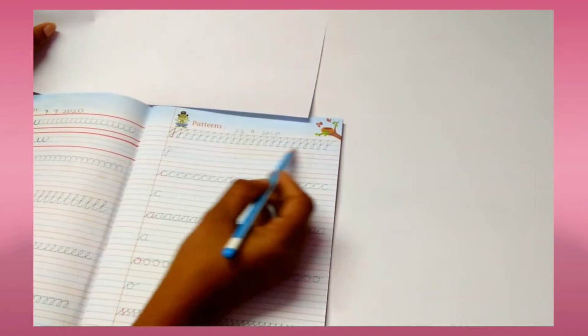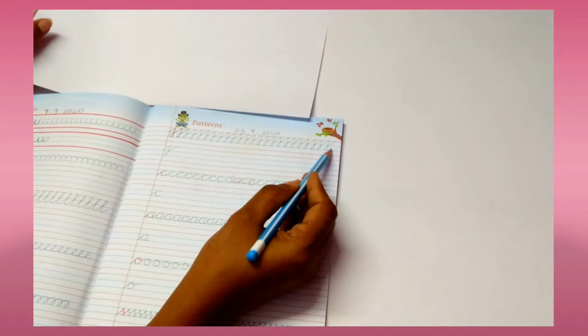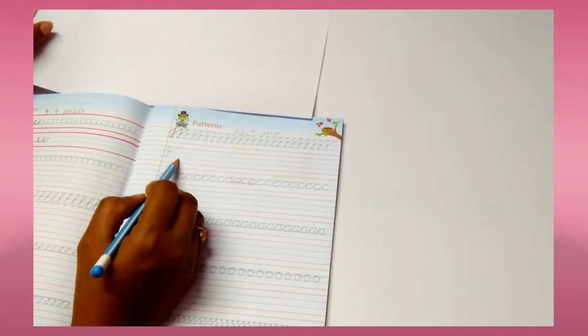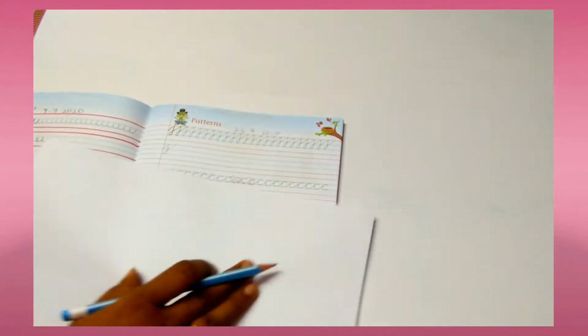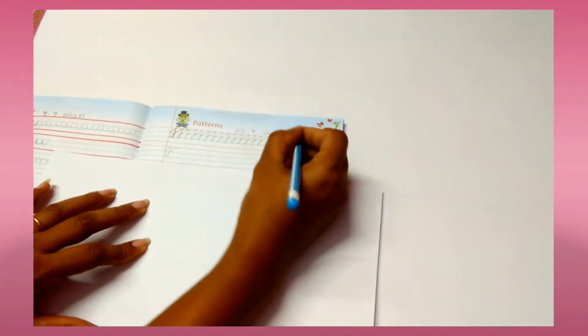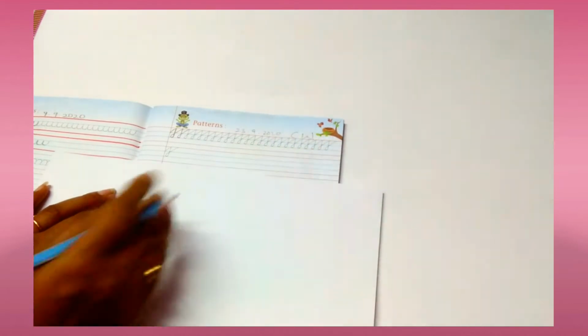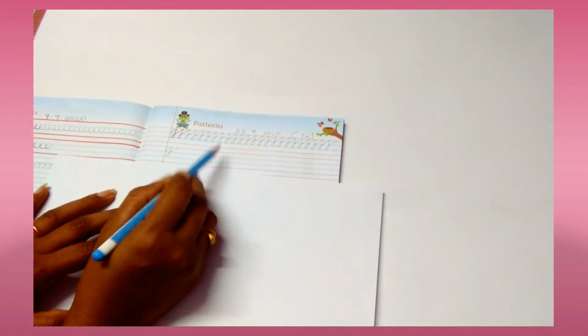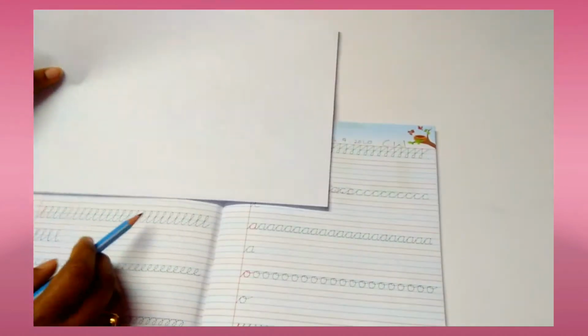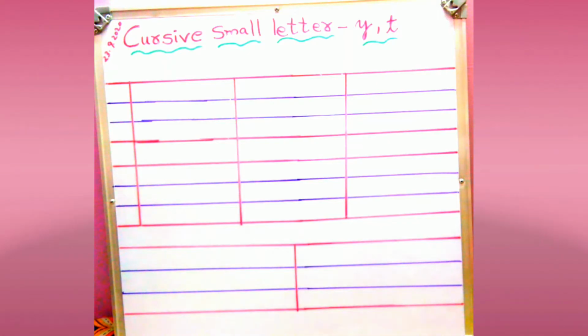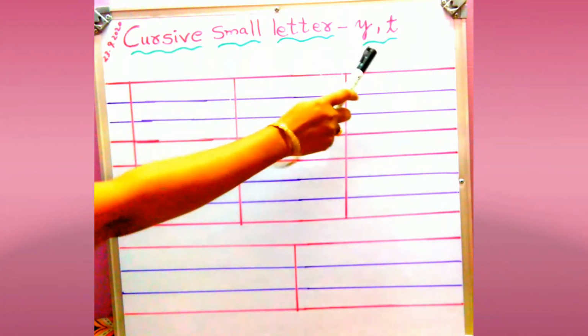Okay, we have to complete this full pattern by tracing, and you have to do this line also. This is classwork. Only these two lines, J pattern and L pattern.